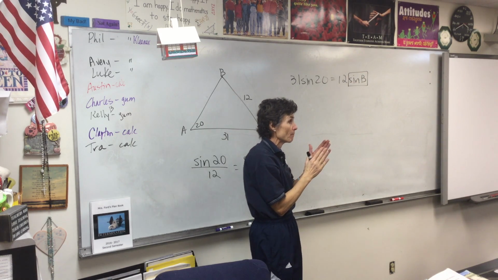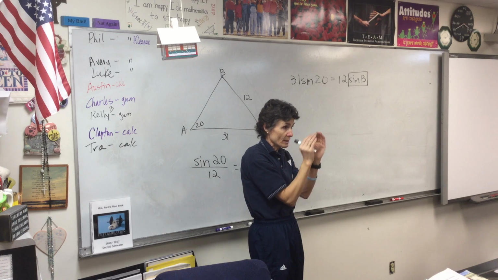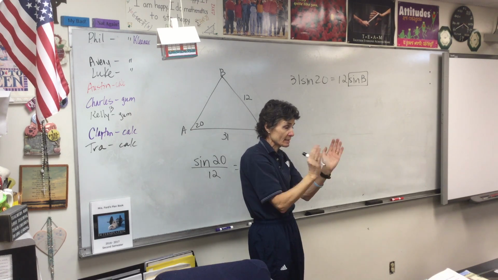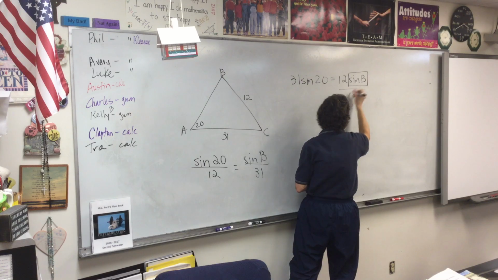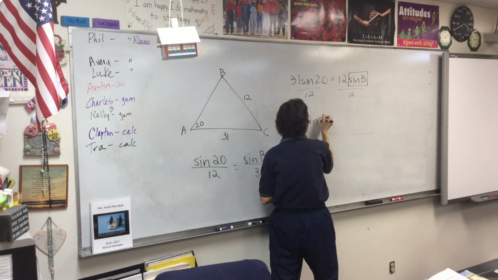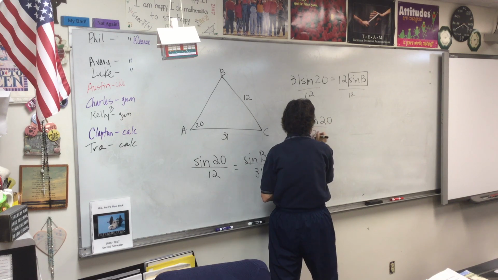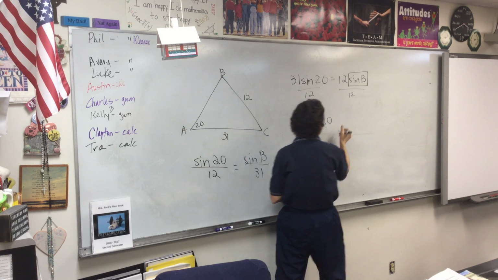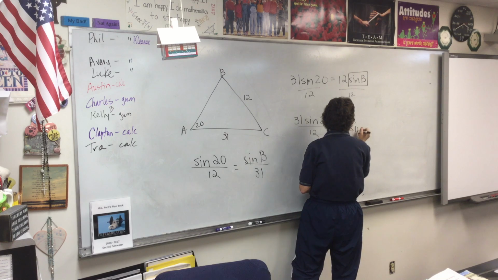Remember, you can't separate that. That is a unit. Sine B, sine and the angle stay together. So I'm just going to divide both sides by 12. So 31 sine 20 over 12 equals sine B.